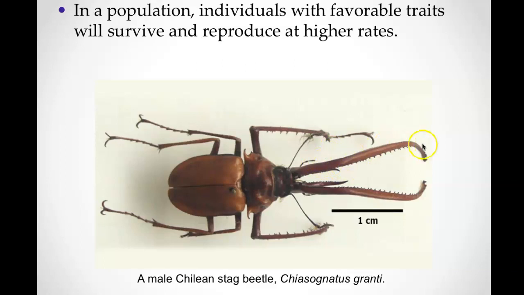So the stronger these things are, the more likely they're going to be able to mate and reproduce. These are their jaws, actually. They're not horns, they're their jaws. The stronger they are, the more likely they'll be able to fight and reproduce. So this could even be considered an adaptation. The bigger they are, the more likely they're going to fight and reproduce.